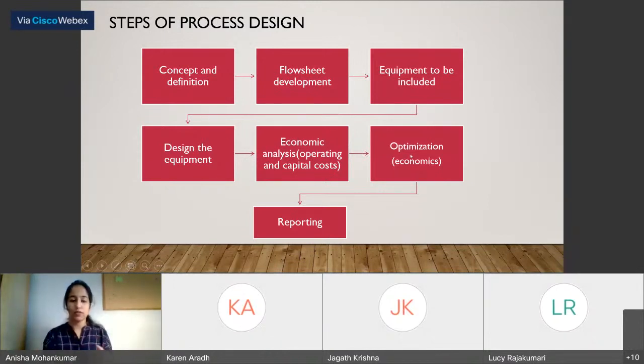So let's say you try to reduce the cost of the raw material, you convince the suppliers, or you reduce the cost of construction material for any reactor. That is the way you can reduce the cost in a chemical plant, and by that you can increase the efficiency of any product. That's called optimization. And after all this is done, a detailed report is prepared.